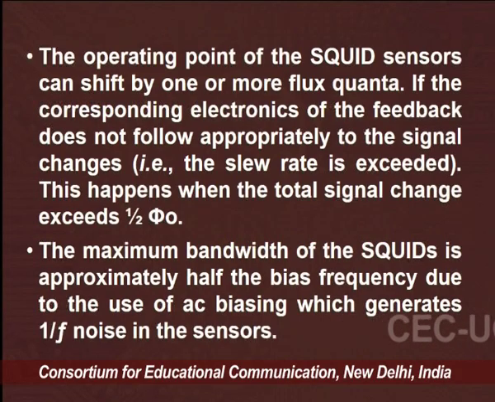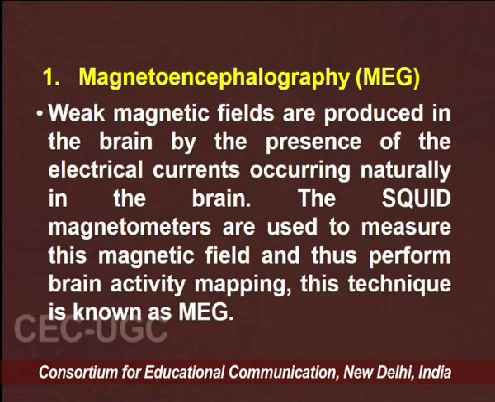So the operating point of the SQUID sensors can shift by one or more magnetic quanta if the corresponding feedback electronics do not follow the signal changes appropriately. The maximum bandwidth of the SQUID is approximately half the bias frequency, due to the use of AC biasing, which generates 1/f noise in the sensor.